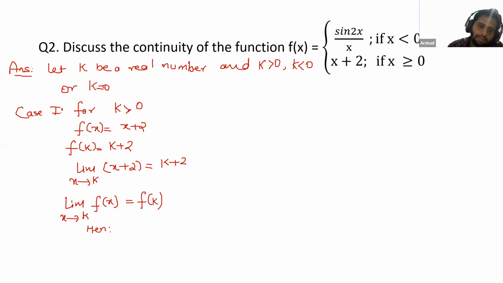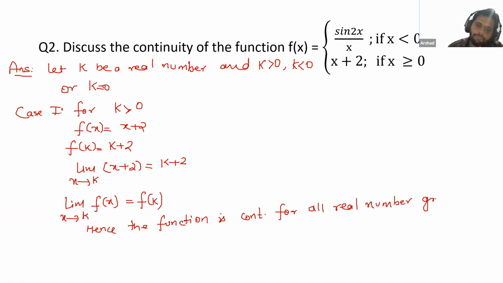Hence, the function is continuous for all real numbers greater than 0. This is clear, Nabil? Yes, sir.